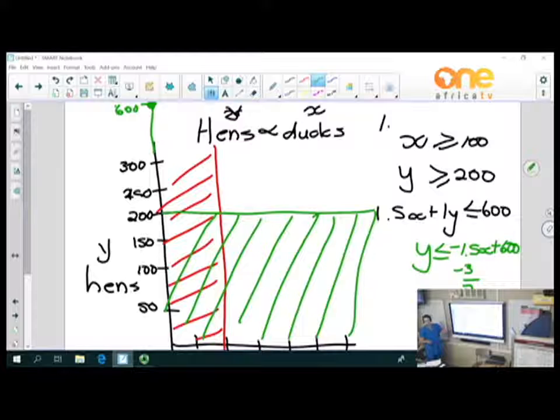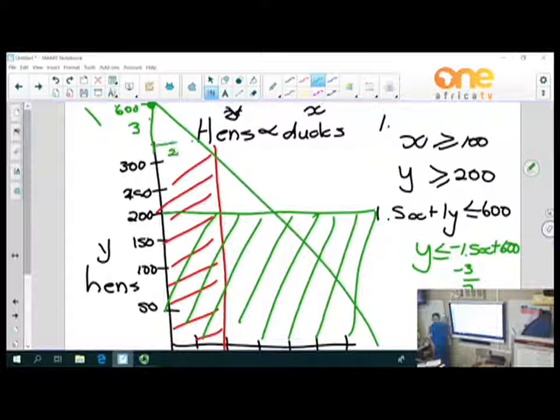It is delta y over delta x. So from 600, you just go down 3, across 2, and you draw your line. Delta y over delta x, 3, 2. That's what you do.